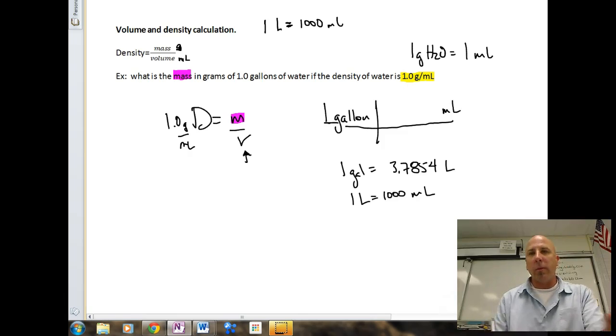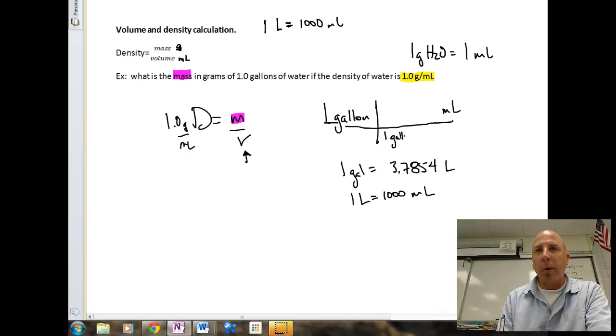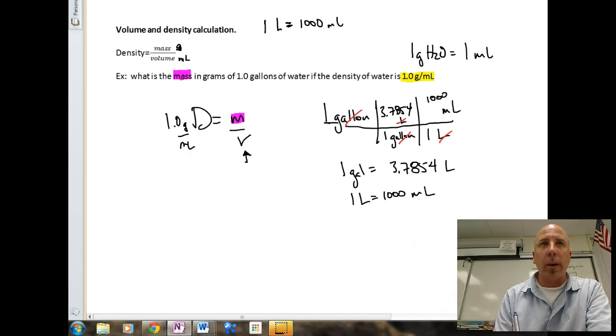And so it's just a double conversion. So let's take the first one there and put 1 gallon on the bottom and 3.7854 liters as the numerator, 1 liter on the bottom, and 1,000 milliliters on the top. Double check those units. Gallons are going to cancel with gallons, liters with liters. We're left with an answer in milliliters.